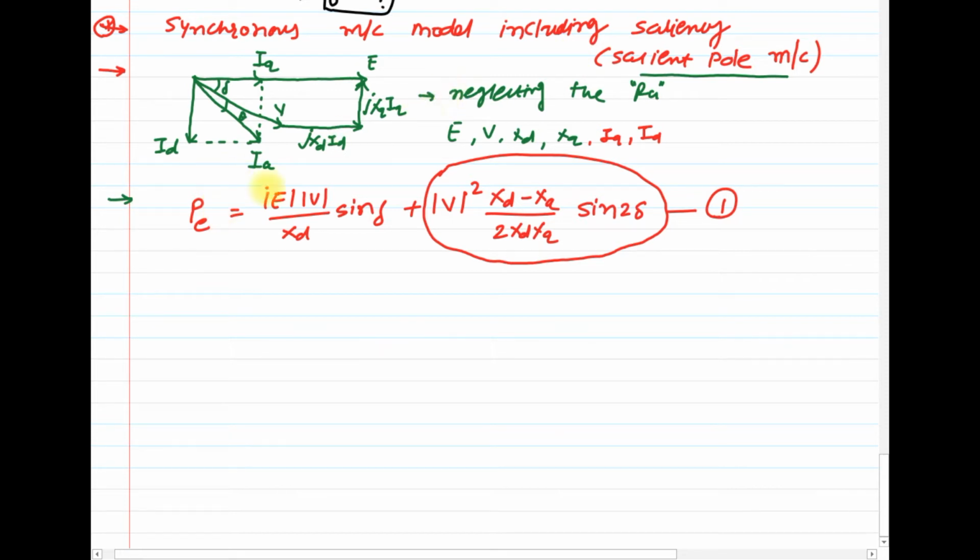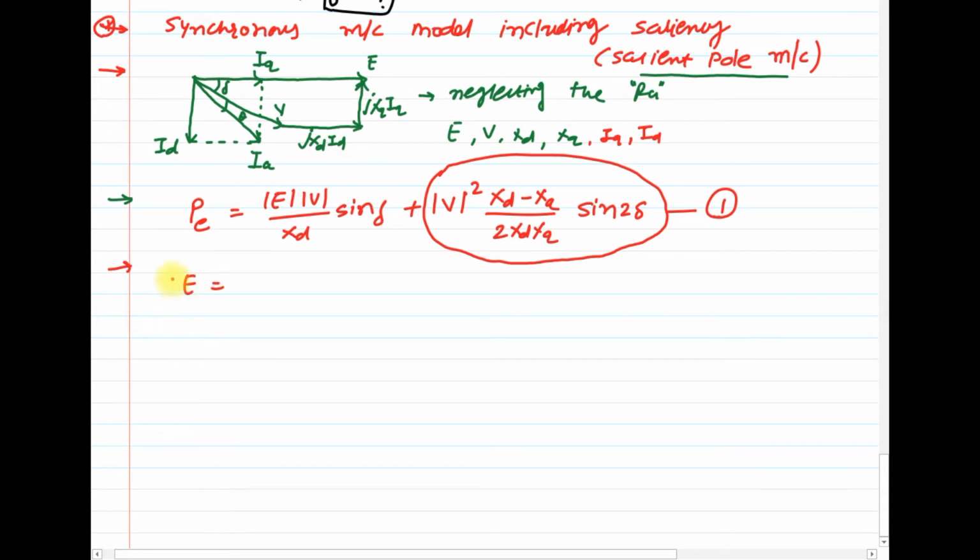I hope this equation is clear. From the phasor diagram, I can write the equation for the no load generated voltage E.